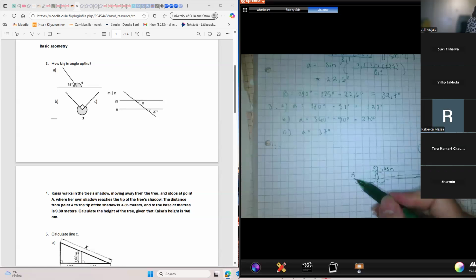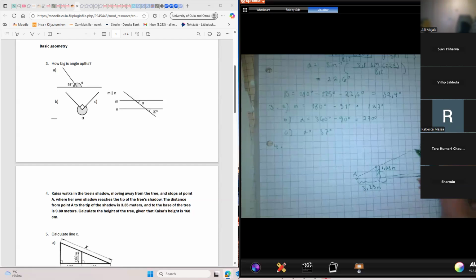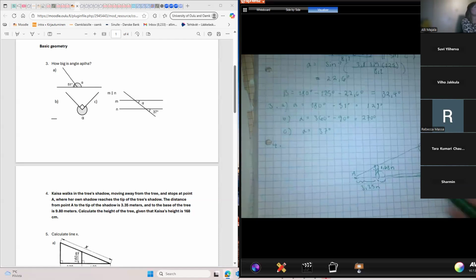Whatever. And then can I draw this? Maybe she has to be a bit shorter. Okay. Like this. So I would know some measures here.